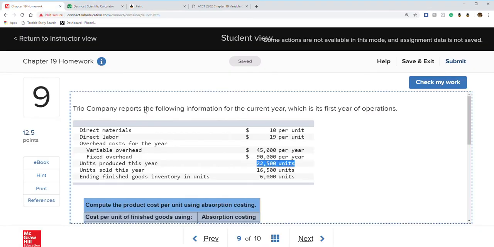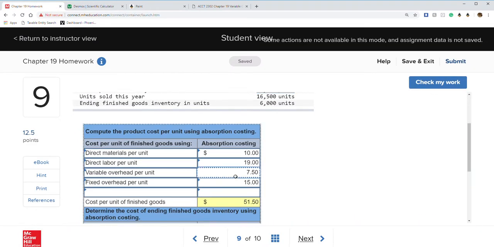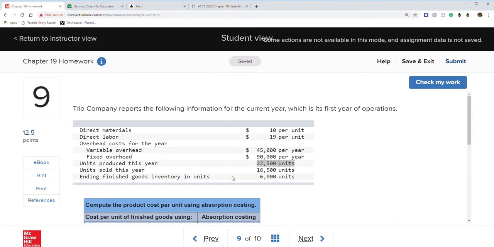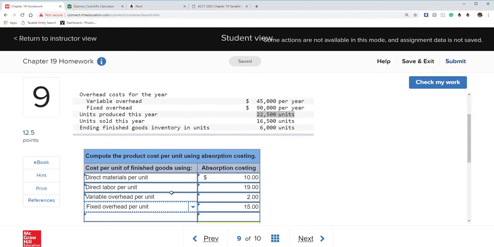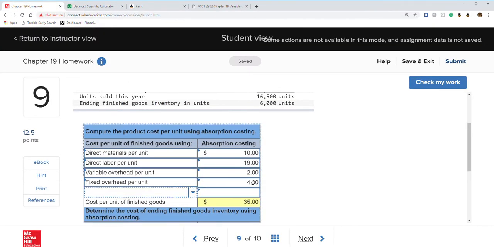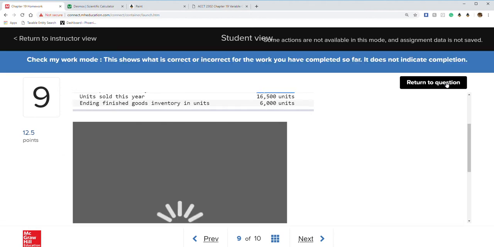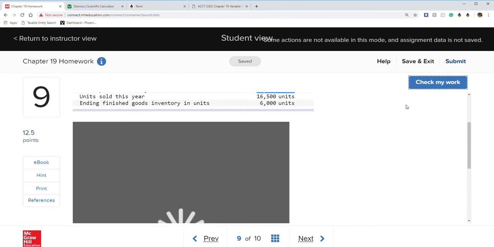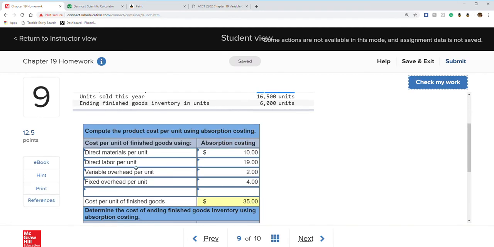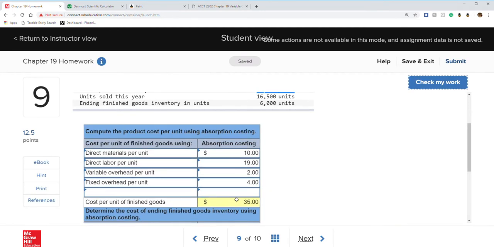Now they're $2. Okay? And then of course, 90,000 divided by 22,500 is 4. Check. And everything's good now. Okay? So just watch out. Even though it says ending finished goods and we're dealing with finished goods, that does not mean we divide by those units.